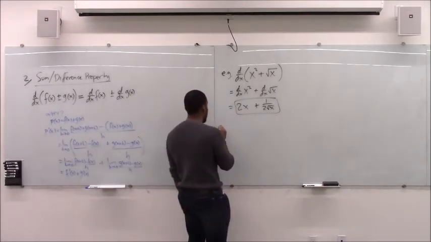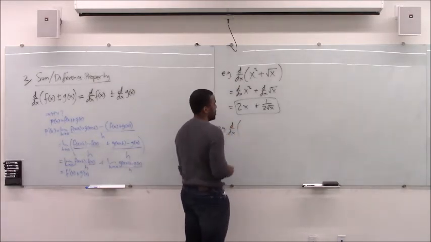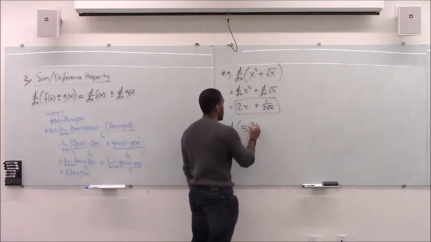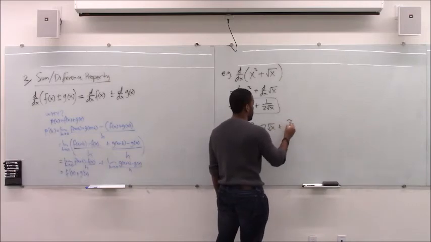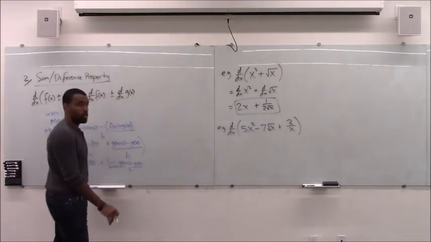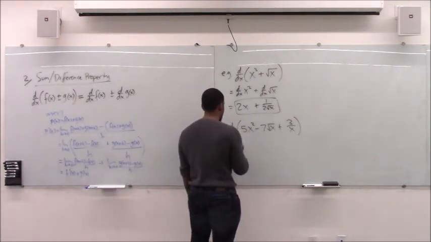You can actually combine both techniques, the constant factor rule and the sum difference rule. So if I had 5x squared minus 7 radical x plus 3 over x, and I wanted to differentiate that, I can just think of these one at a time.